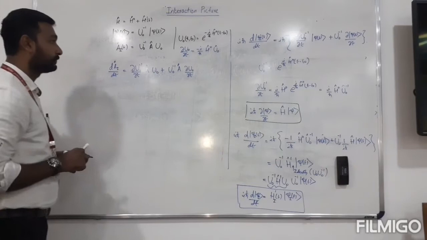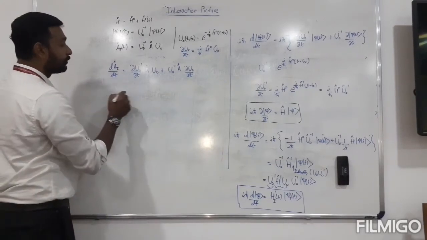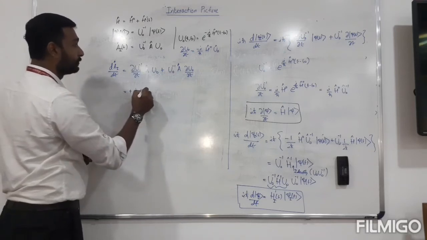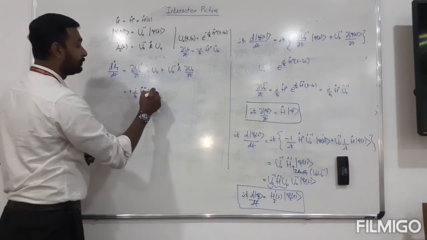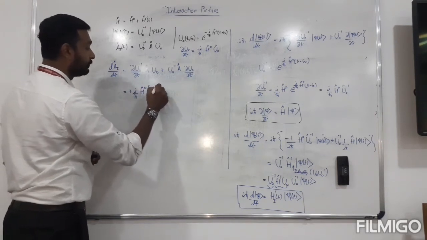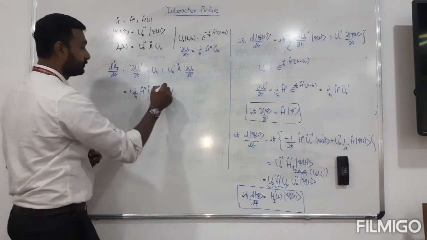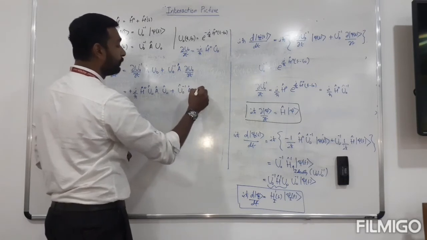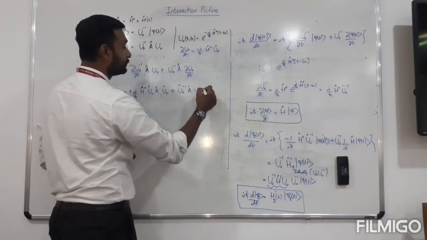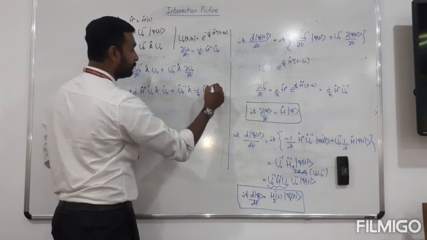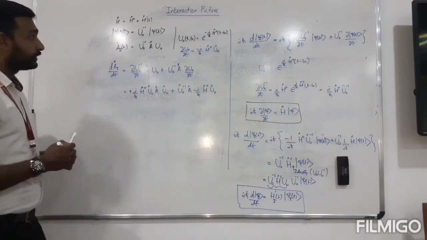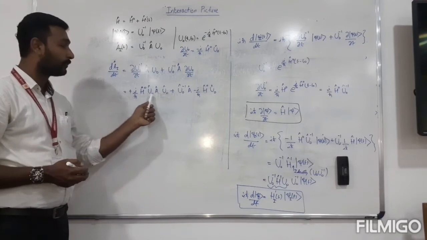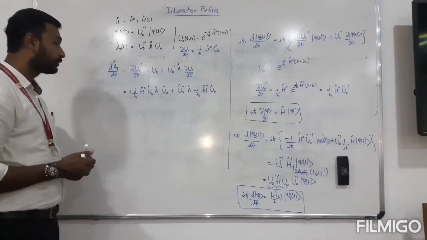Again U0 inverse is similar, so ∂U0 inverse becomes plus i/ħ H0 U0 inverse A U0, plus U0 inverse A minus i/ħ H0 U0. Okay, now U0 is only a function of H0, so therefore U0 and H0 would commute, so there is no problem with this order, so I can change the order.